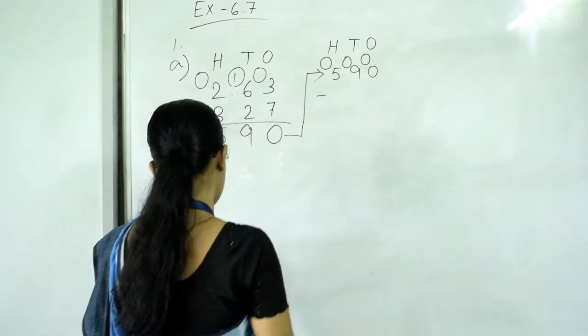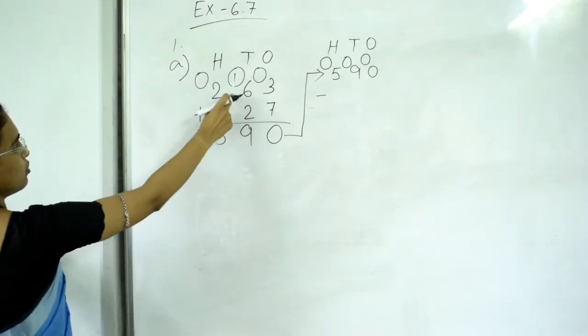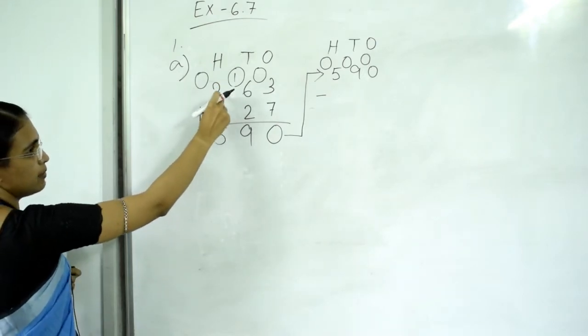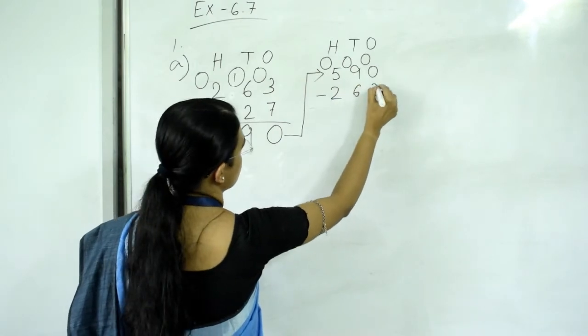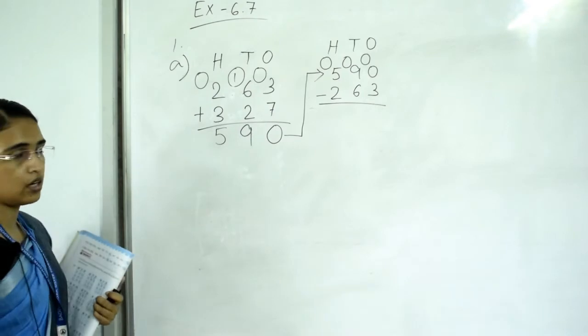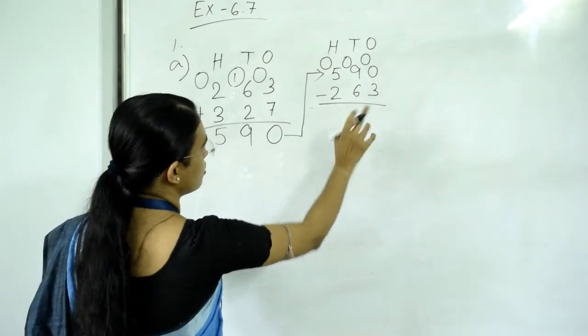Then use the subtraction sign. Then write the first number of the addition, 263, down here. So you have to subtract 263 from 590: 590 minus 263.